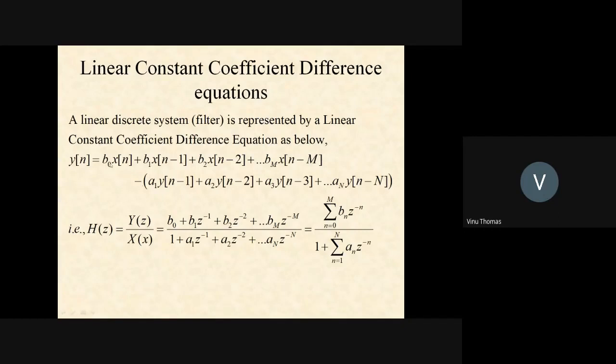So x of n is the present input, x of n minus 1, x of n minus 2, etc. up to x of n minus m are the past inputs, and y of n minus 1, y of n minus 2, y of n minus 3, etc. are the past outputs. So y of n depends on present and past inputs, and also on past outputs of the system.